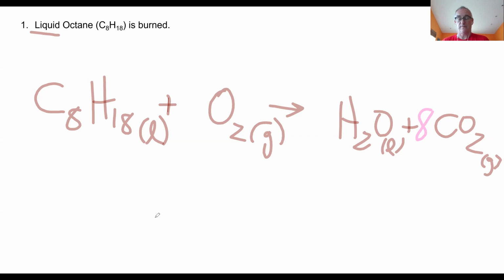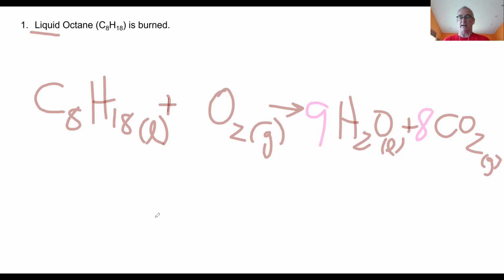In front of what though? 9 in front of H2O. Yes, 9 waters. So that gives me a total of 18 hydrogens on the right and 18 hydrogens on the left, so everything else is balanced. And then we leave oxygens for last. The reason to leave oxygens for last is because oxygen's present in both of the products of the reaction. So you really can't balance the oxygens till you've balanced everything else first.